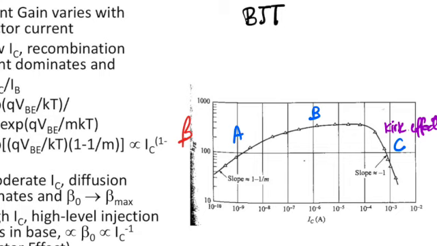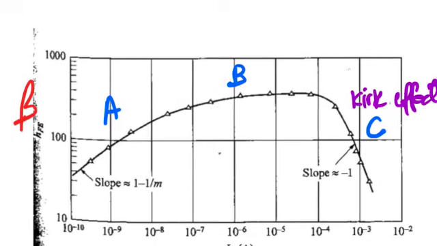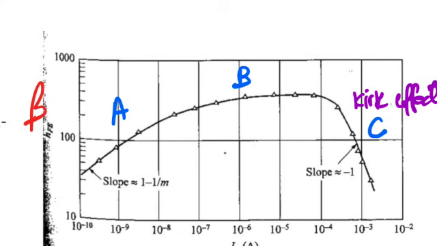But before that is region A. Region A is where, at low collector current, the beta increases to the desired value of the beta. Region B is the ideal working of a BJT, and we have another video on it.